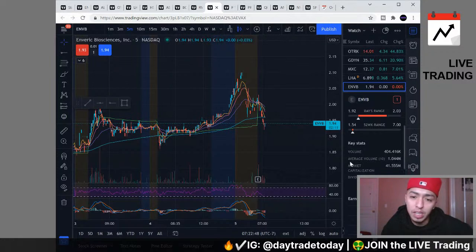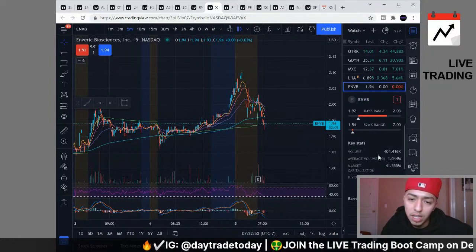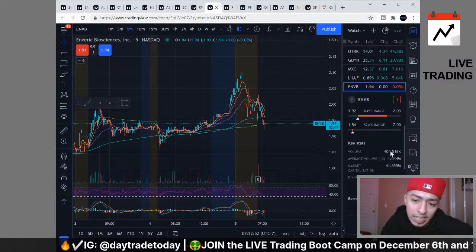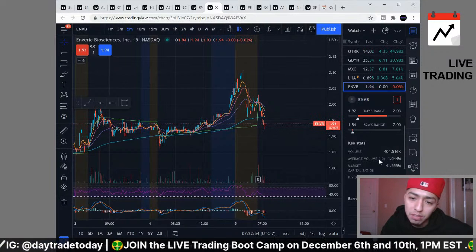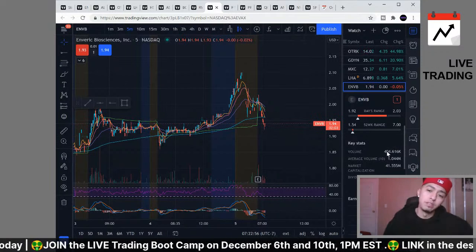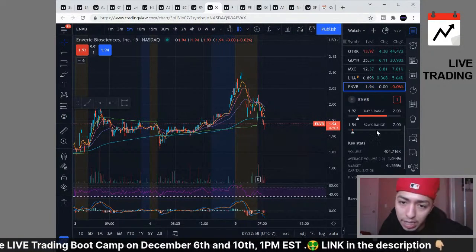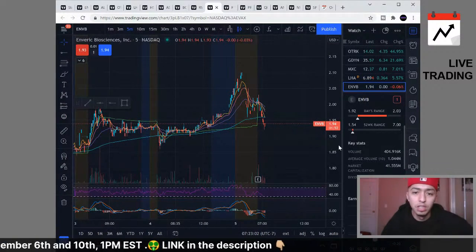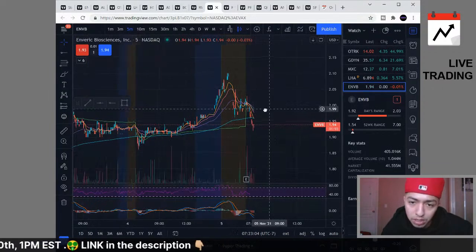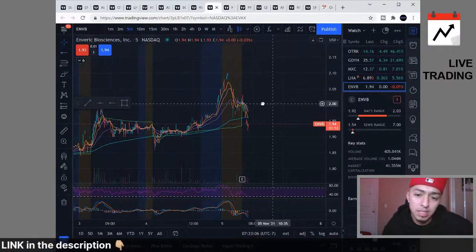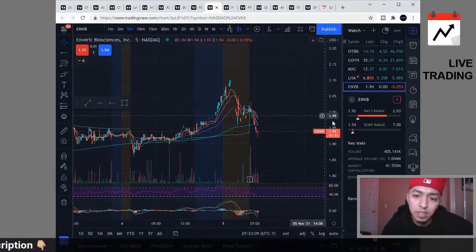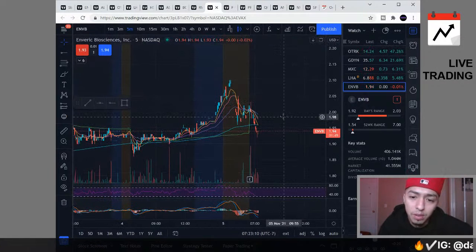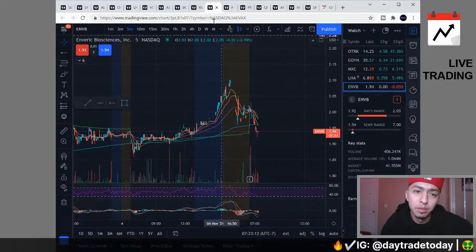Normally, I don't even like to find any interest in tickers if they don't have at least above average volume or at least 1 million in volume. ENVB has less than its average right now, so that's why it's barely moving. It's basically a dead trade. I wouldn't trade it. It's not going anywhere, and it has very low volume.